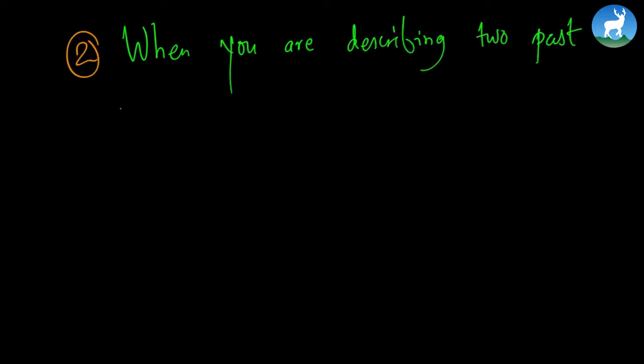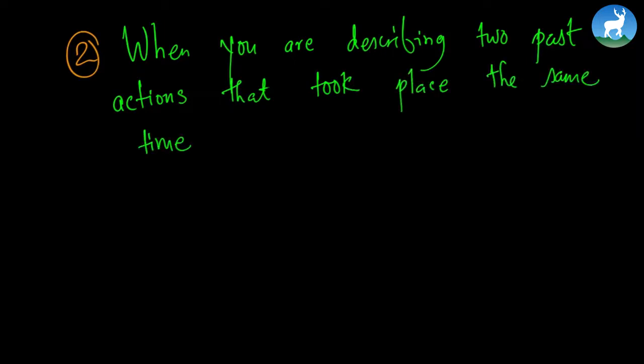The use number two of past perfect tense is when you are describing two past actions that took place at the same time. You can use past perfect tense to describe the shorter action. So the shorter action is described by which tense?